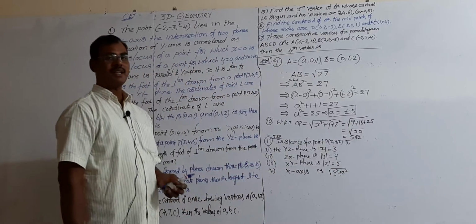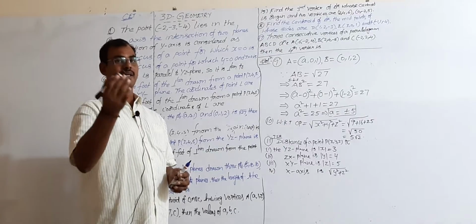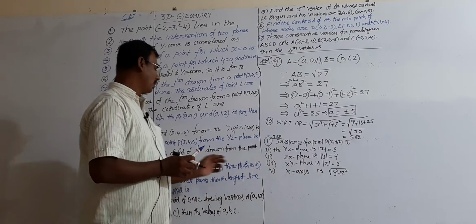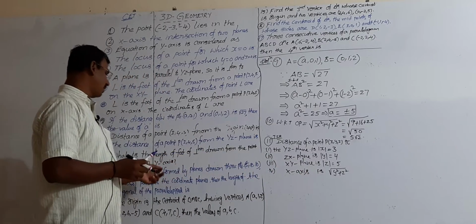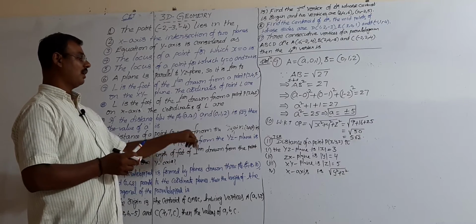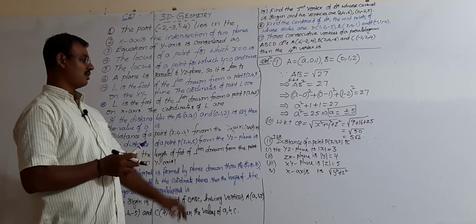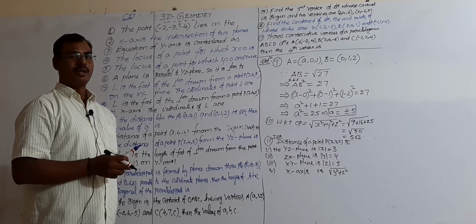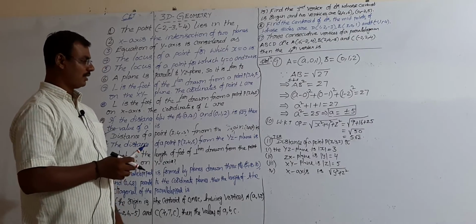Because on the x-axis the y and z coordinates are 0. So the point becomes (x, 0, 0). Here the point 3, 4, 5 on the x-axis is (3, 0, 0). Find the distance using the above formula, square root of y square plus z square.